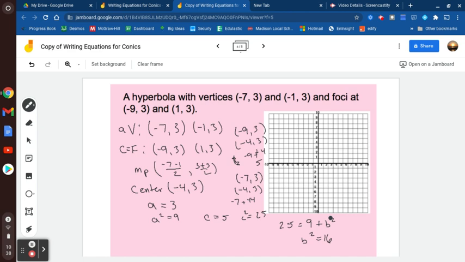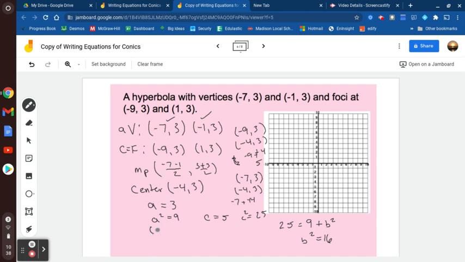Oh, but before I start, I've got to figure out which comes first. How'd you know x? Because it's horizontal. How'd you know it's horizontal? Because the vertices change. In the vertices, the x value is what changed. So I agree that x is going to come first. It is horizontal.